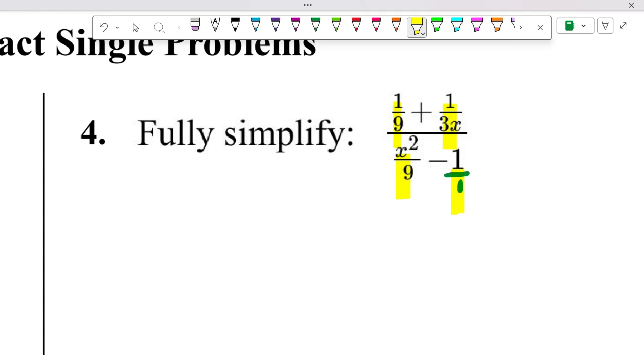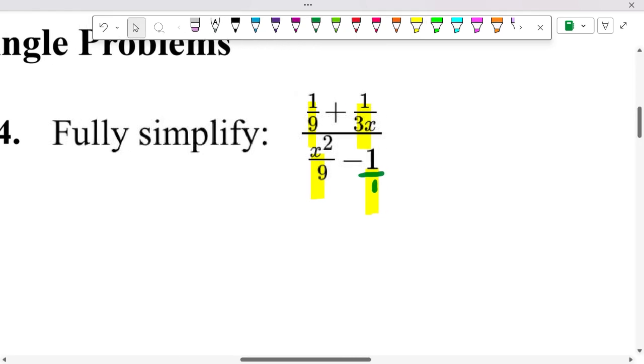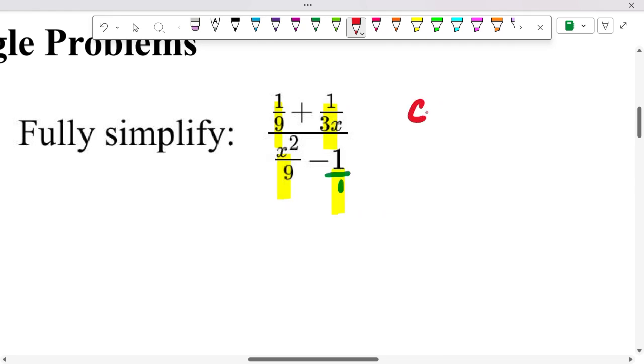We're going to do the same thing here for all 4 of them. Now, if you notice, they're multiplying together. Same thing with these. They'll multiply them together. So if I look at all 3 of my baby denominators, what would I write down to multiply together? So 9 is one of them. What else? 3x.